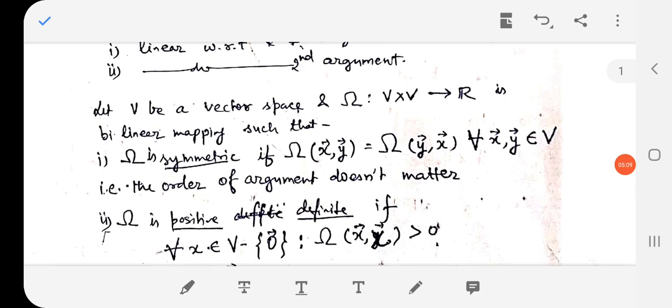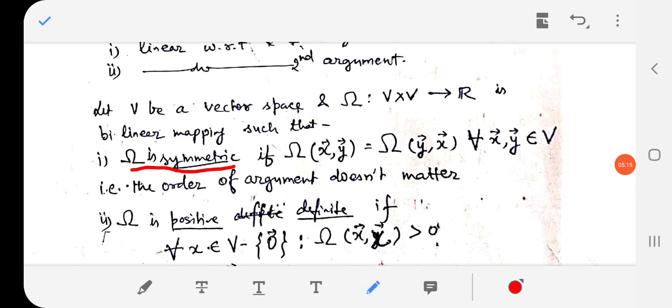Okay, the next thing is, what do we mean by symmetric? Symmetric is easy. If you change the order of the arguments, the value of the mapping doesn't change.